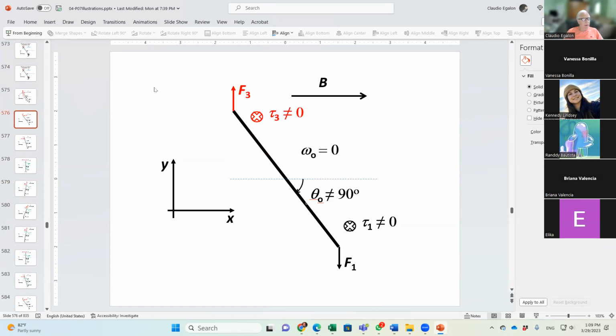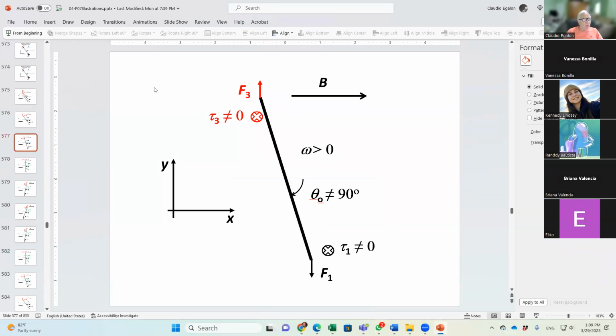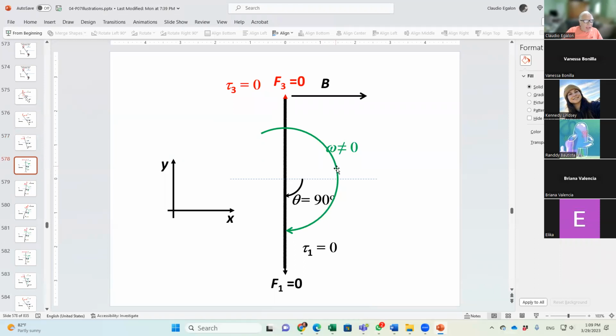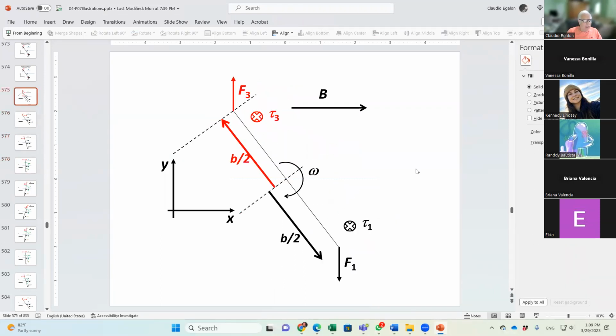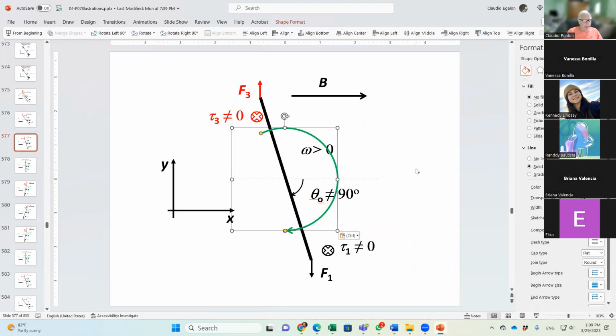You start from rest, start moving because of the torque. I can even put my omega velocity like that.